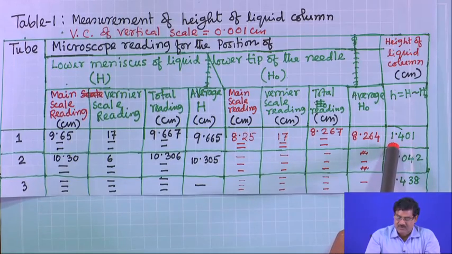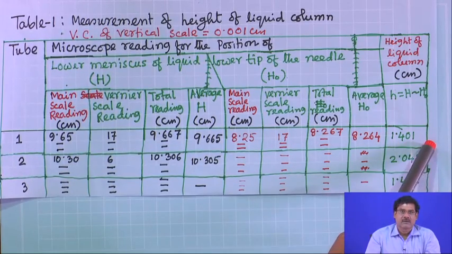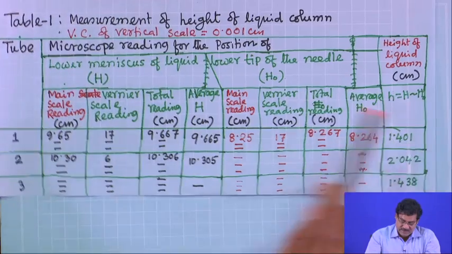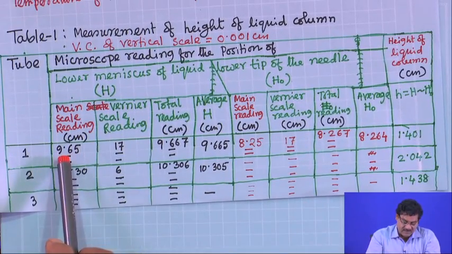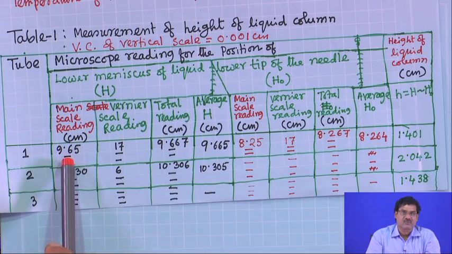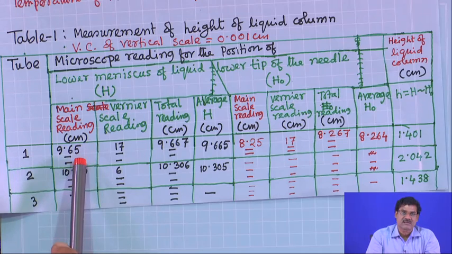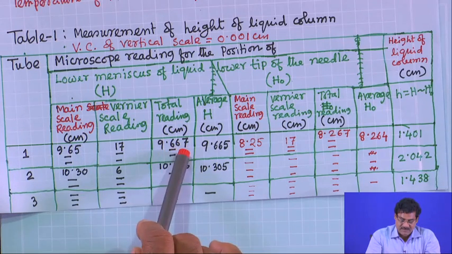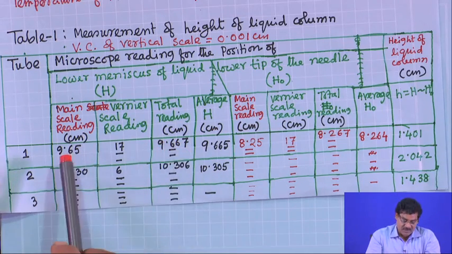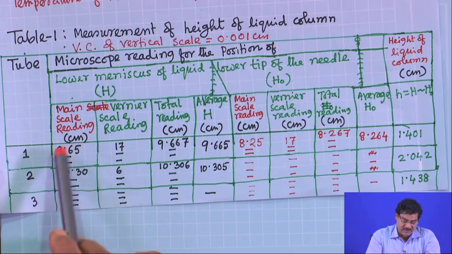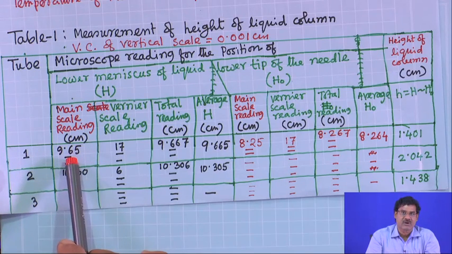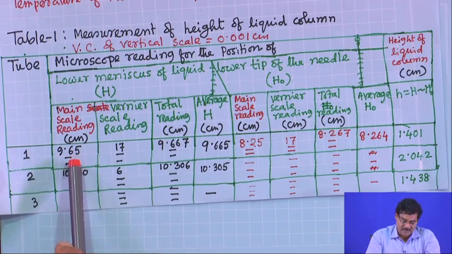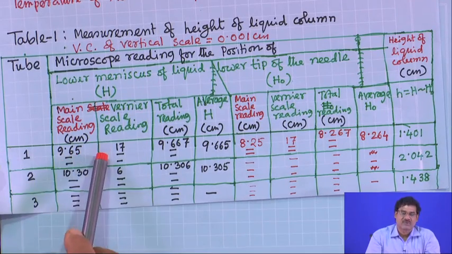So, it is 1.401. Here you see after the decimal there are two digits, and here after the decimal 3 digits, because the main scale reading accuracy is 0.05, up to the second decimal.